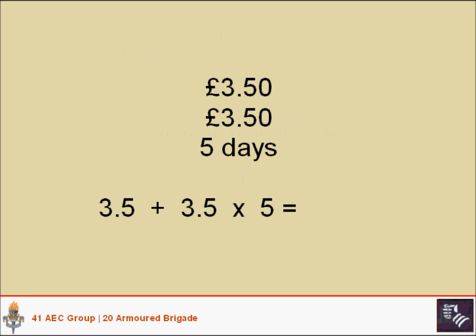Knowing these keys also allows us to carry out more complicated calculations. For example, if you have to work out the cost of travelling to and from work every day, your calculation might look like this. It costs you £3.50 for fuel to travel to work, and the same to travel home again. So 3.50 plus 3.50 equals 7.